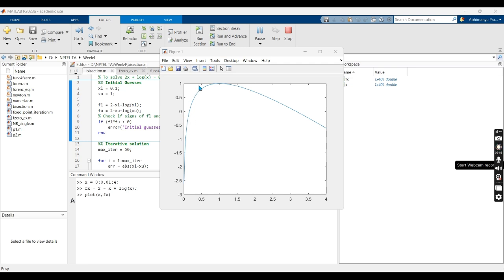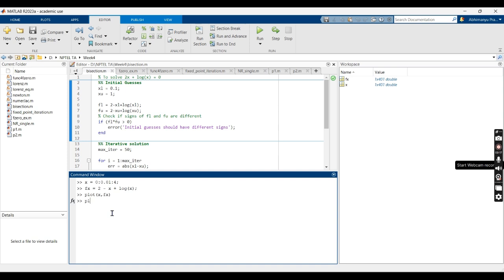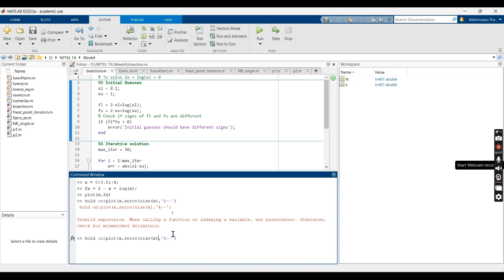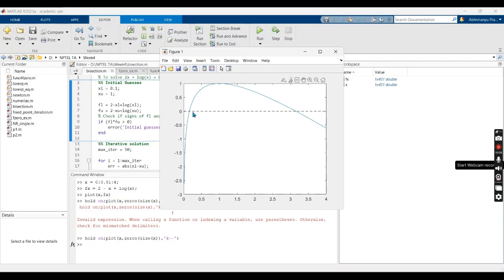Okay, so this is the f(x), the plot of 2 minus x plus log x, and let us also plot the... so we can see we have two roots over here.